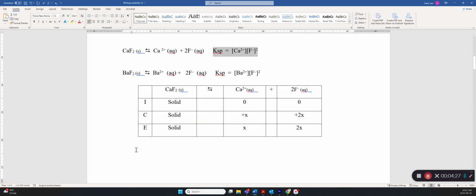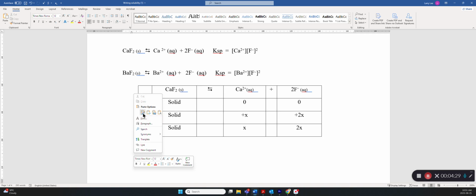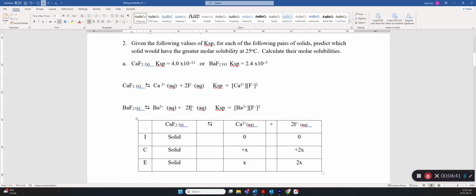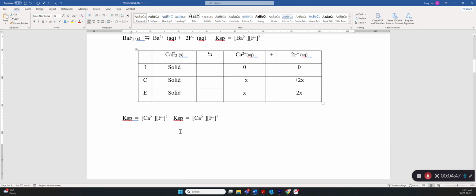Our next step is to rewrite the equilibrium expression for the solubility product. And then what we're going to do is add in our numbers or variables to this formula. So KSP for the fluoride is 4.0 times 10 to the negative 11. And we'll put that down.